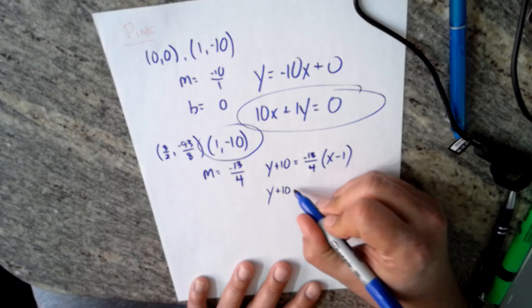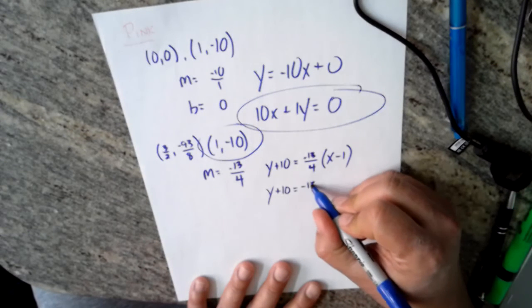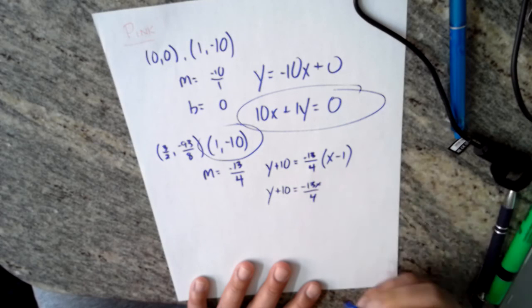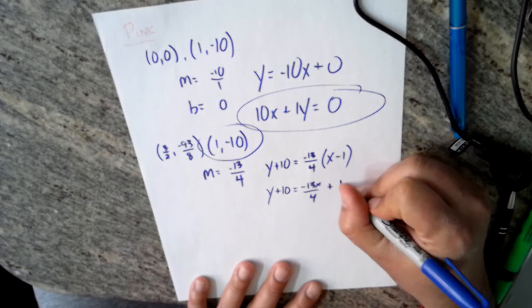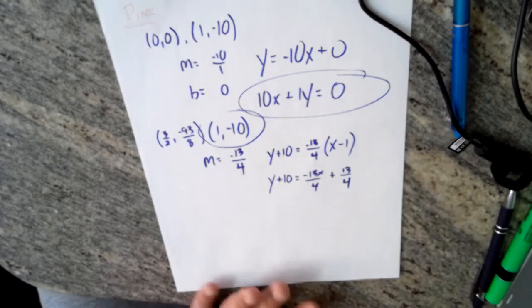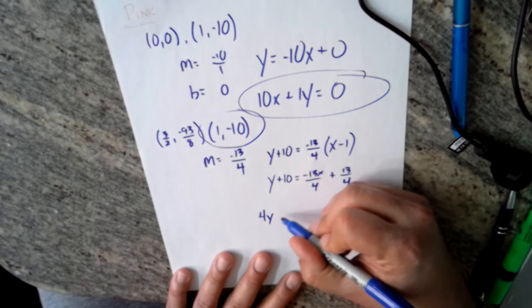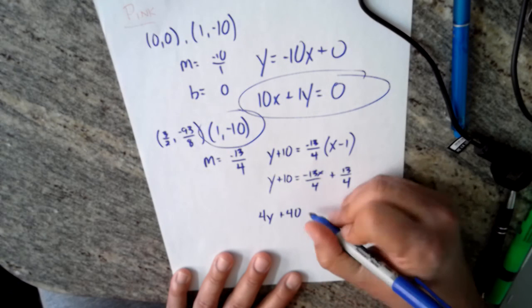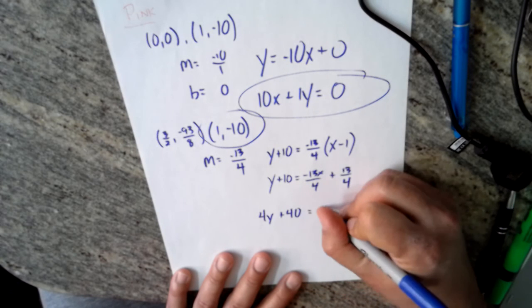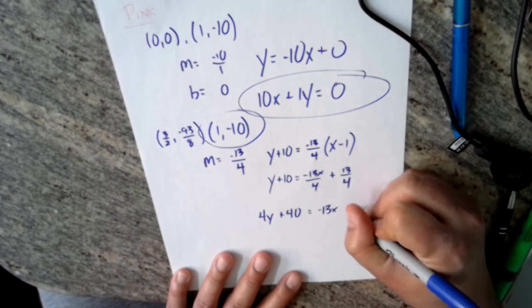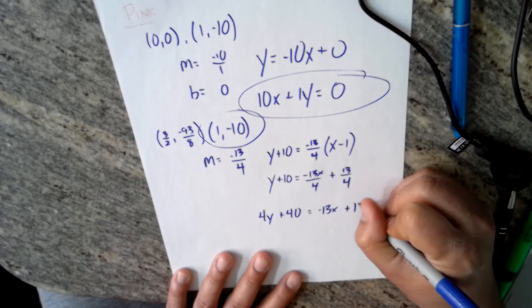Y plus 10 is negative 13x over 4 plus 13 over 4. Multiply everything by 4, and you get 4y plus 40 equals negative 13x plus 13.